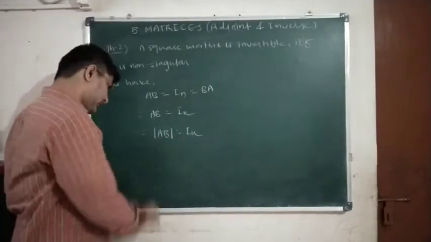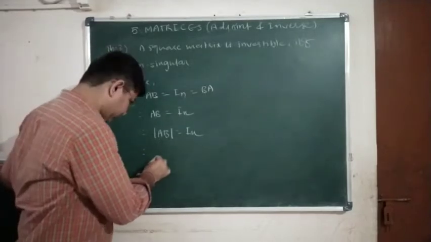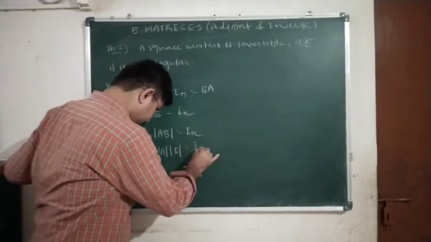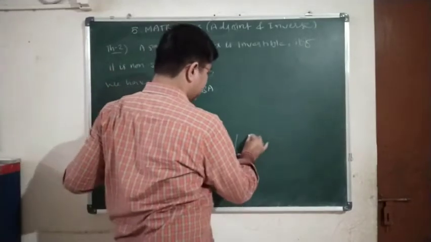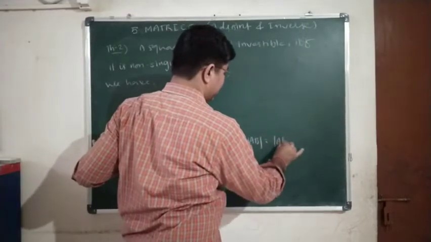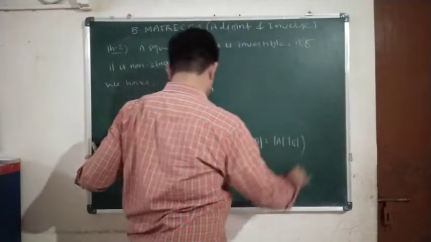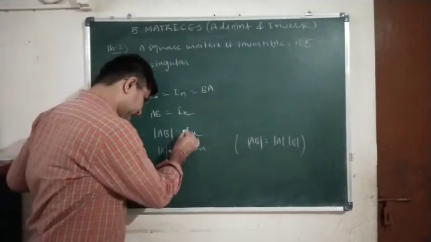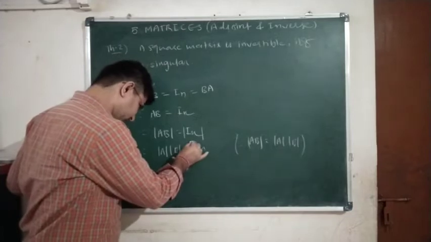Now let us recall the property: determinant of product AB is equal to determinant of A into determinant of B. Yes or no? This is the property we have seen in the chapter determinants. Okay, determinant we will take on both sides.